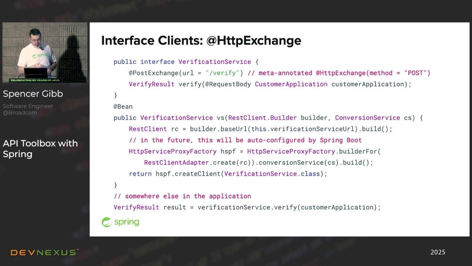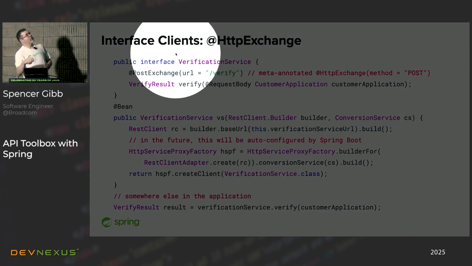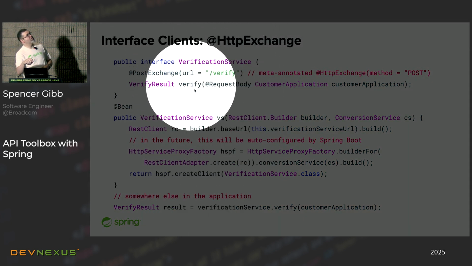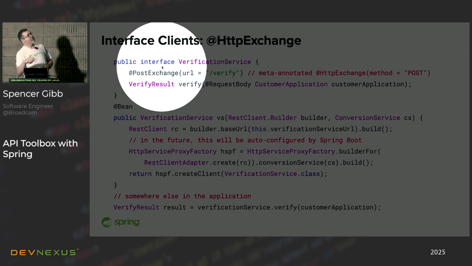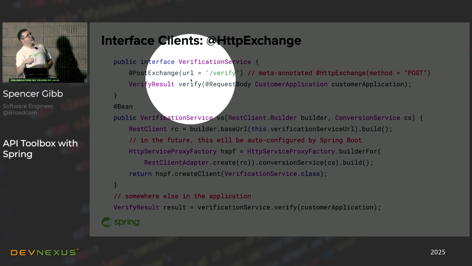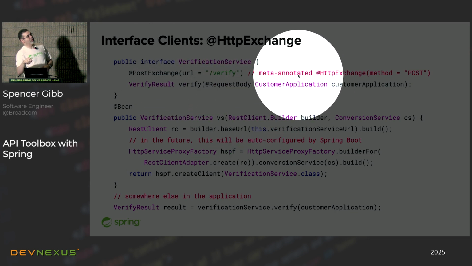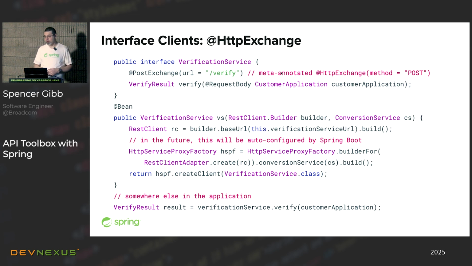At the top, you declare an interface and then annotate it, right? I want my post to happen on this path, and then Spring Framework decides how to make that happen, rather than you describing in code how to make that happen. This is a very nice way to package clients for other projects to use, right?